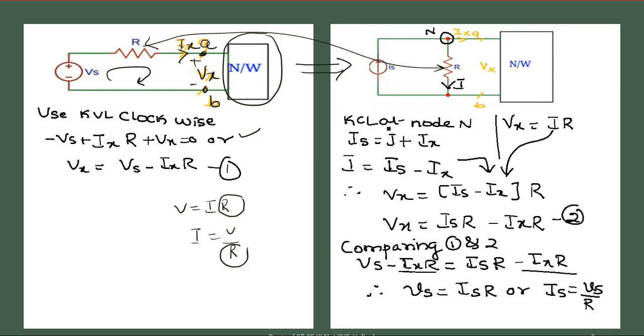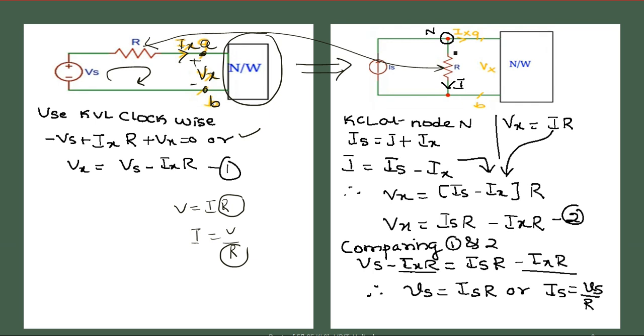Okay. So similarly here, if you apply KCL at node N, so if I assume that a voltage source has been converted into a current source, that is nothing but a voltage source in series with resistance converted to a current source in parallel with the same resistance.